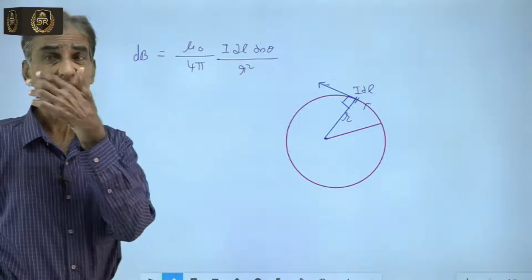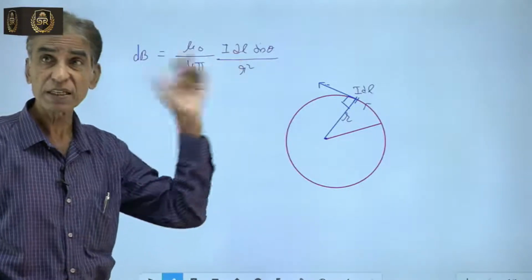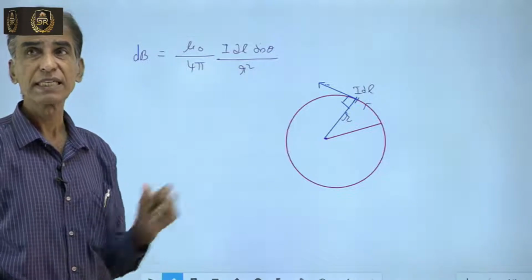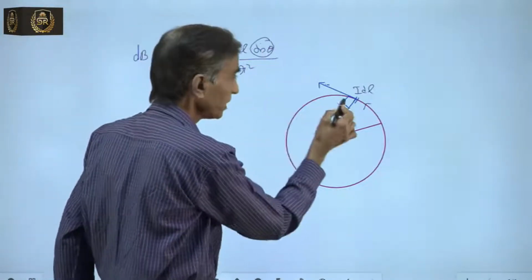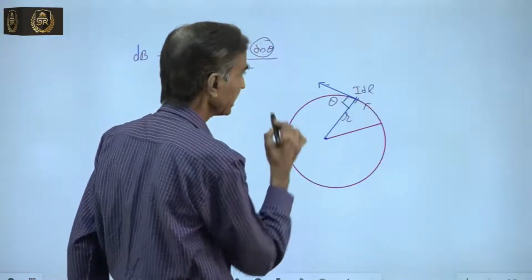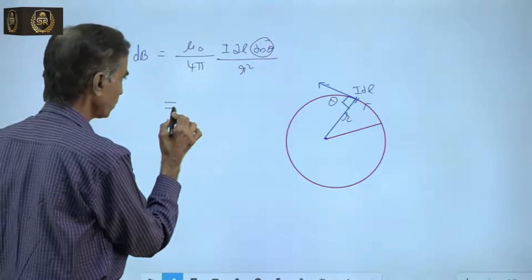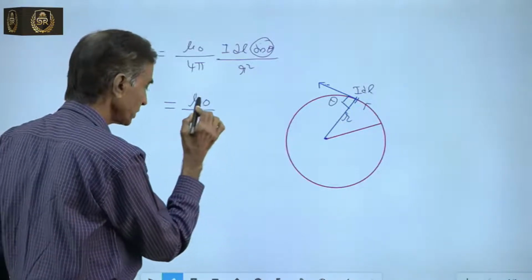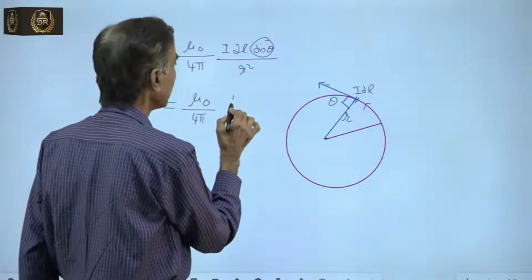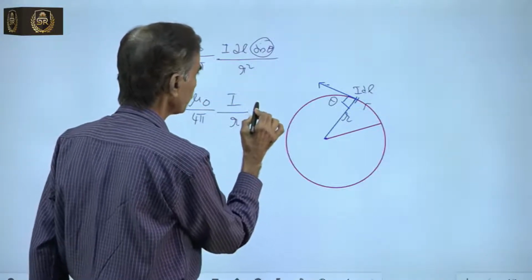Radius itself is the shortest distance now, so d and r are the same. Now what is sin theta? Theta is 90 degrees, therefore this will become 1. So that is equal to mu naught by 4 pi into I by r square into dl.